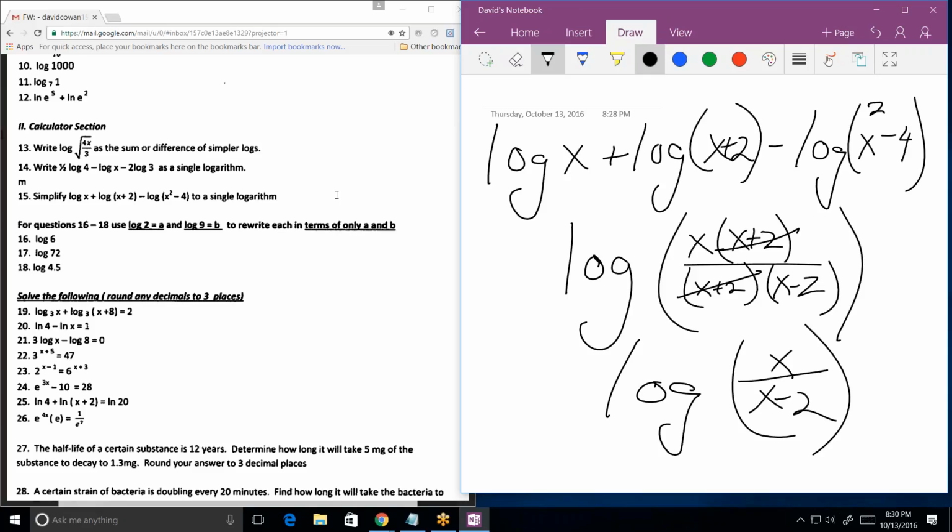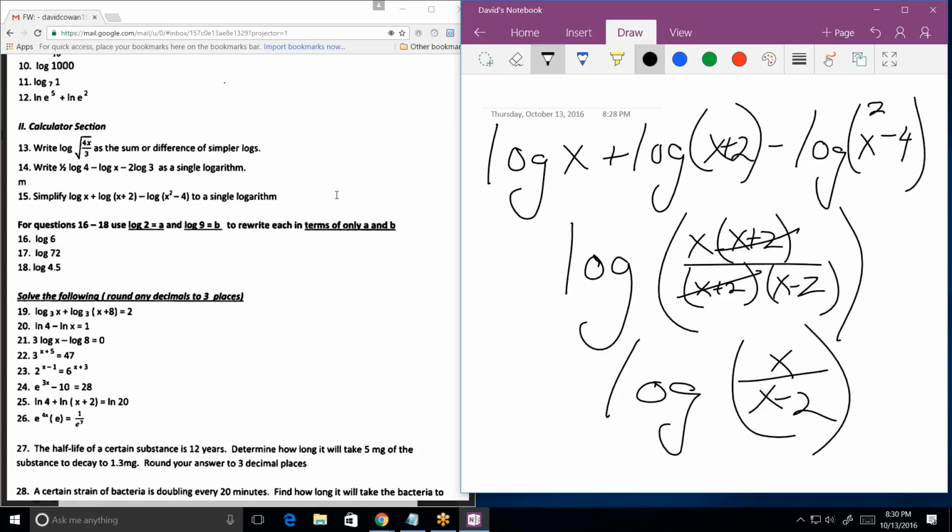Any restrictions? Well, x can't be 0. You cannot take the log of 0. You can take the log of positive numbers only. So x can never be 0. That's one restriction.